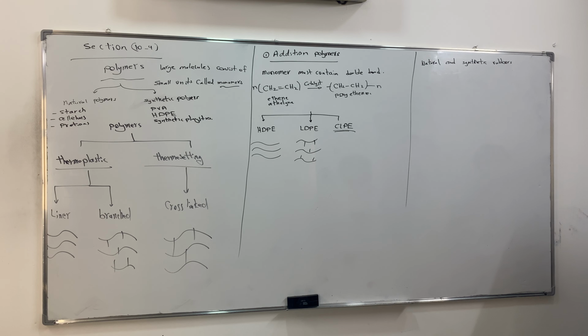It has a high density because linear molecules can pack together closely. One use of HDPE is plastic containers such as milk and juice bottles, because HDPE tends to remain stiff and rigid when heated.